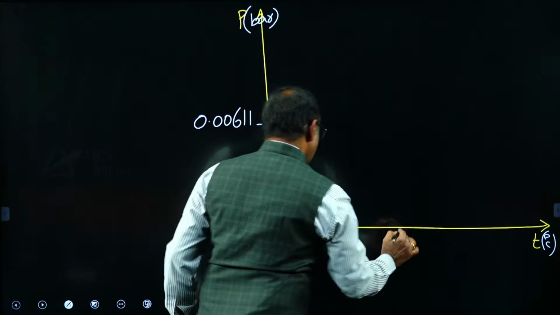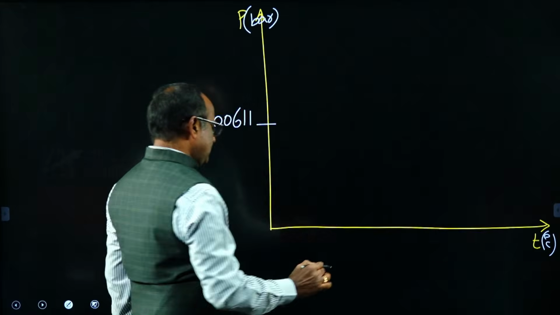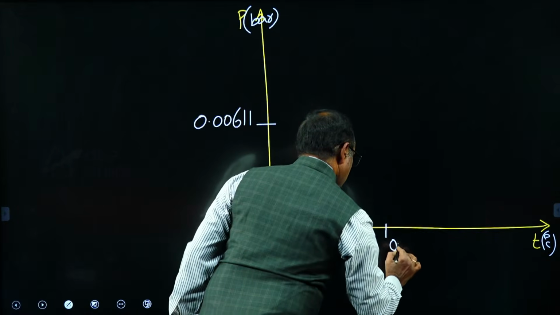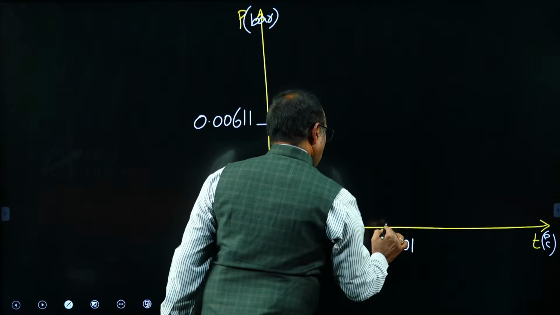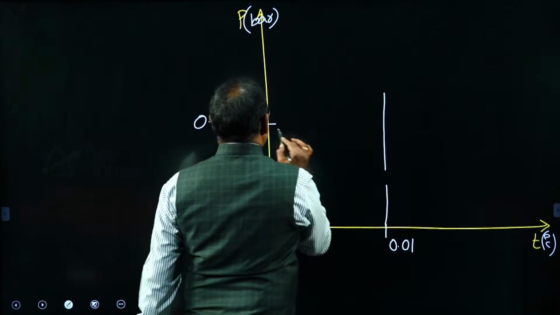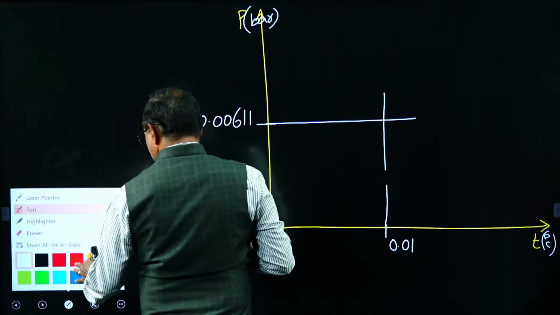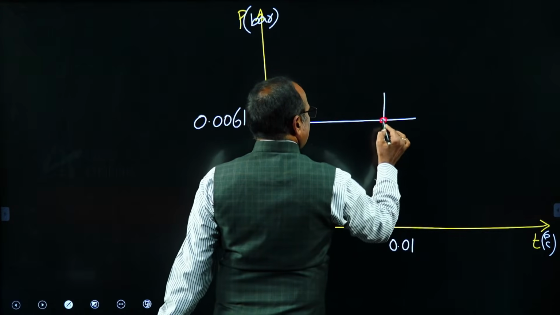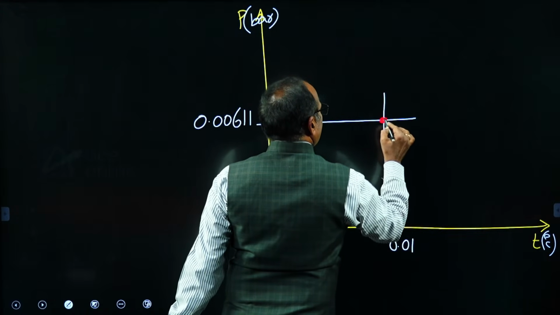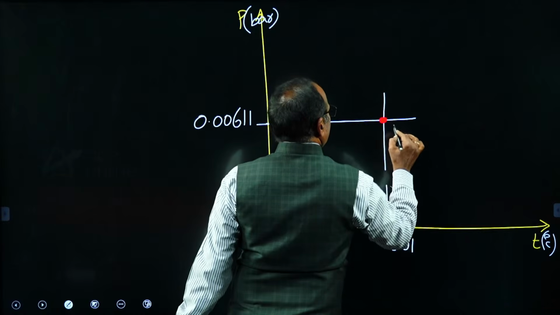That temperature is how much? This is 0.01 degree centigrade. You project a vertical line from temperature and a horizontal line from pressure. Wherever these two meet, that is the representation of the triple point state.